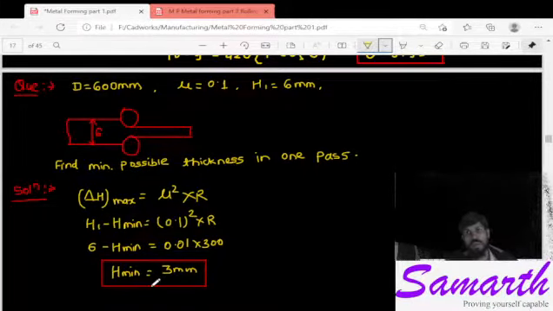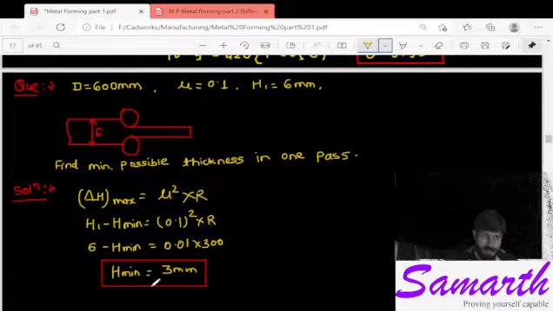For that, you have to heat the material up to recrystallization temperature, and then you can reduce the thickness. Without reheating, in a single pass, you cannot reduce the thickness of the plate more than this 3 mm for this example.